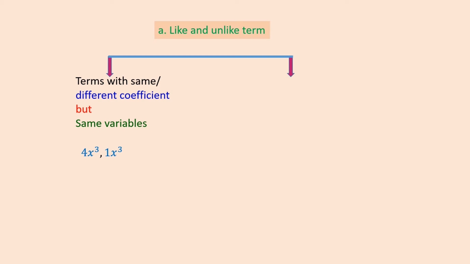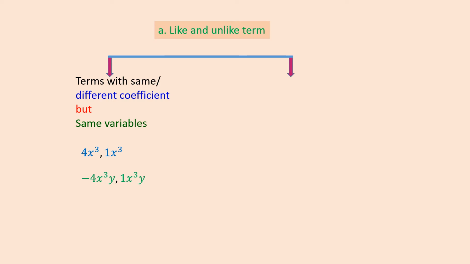For example, 4x cube and 1x cube. As I told you, a term contains two parts, coefficient and variable. You will see that both the terms' variable part is x cube. So they are the same. Only the coefficients are different, 4 and 1.